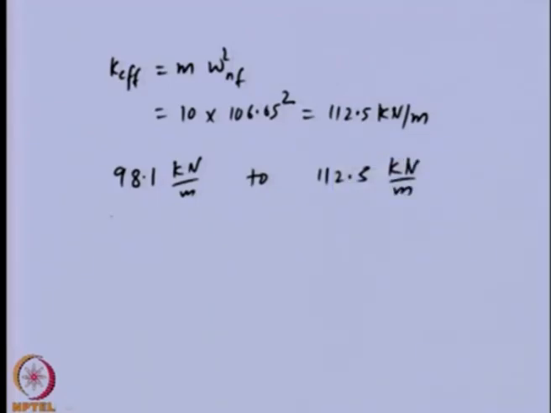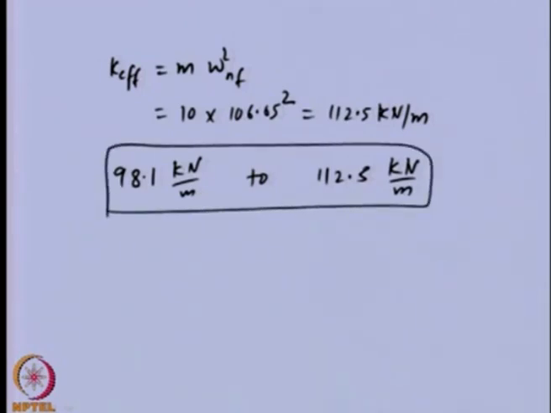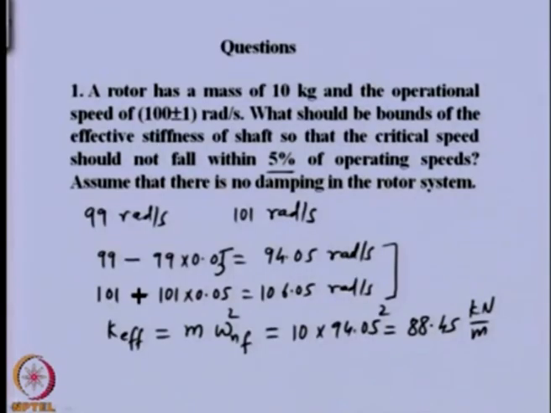So if we choose the effective stiffness outside this range, we will meet the requirement that the critical speed is not falling within 5% of the operating speed, to avoid the resonance.